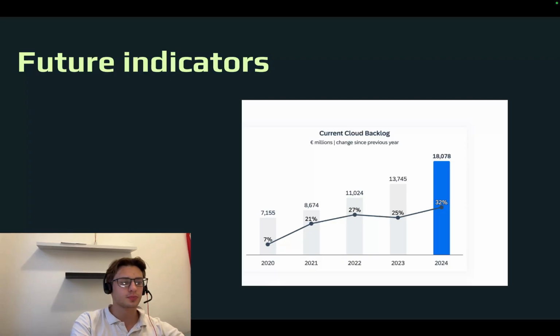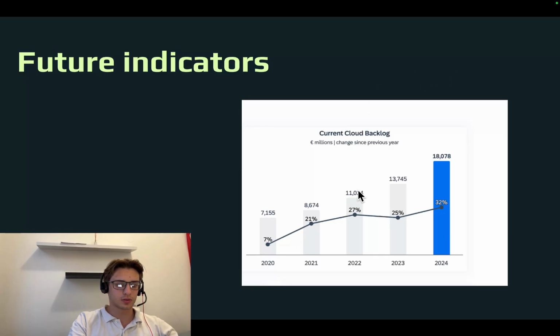But one of the most important indicators for SAP, which management and investors look for, is the cloud backlog. Basically, cloud is one of the services of SAP, and the backlog in cloud means that some companies already have a contract with SAP, and they agreed to pay some amount of money to SAP in the future, but we cannot see it on the balance sheet yet.